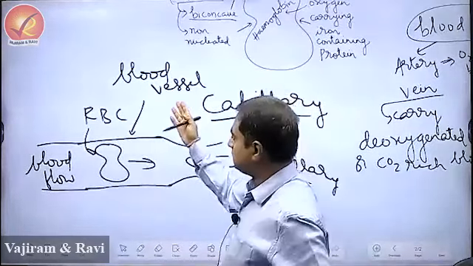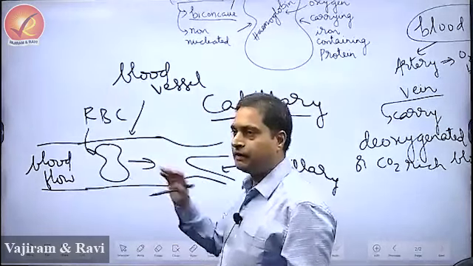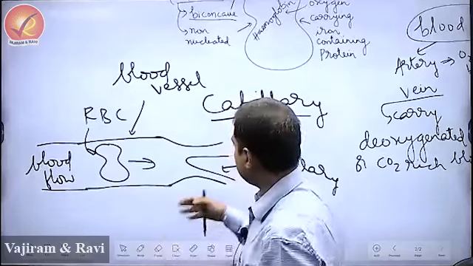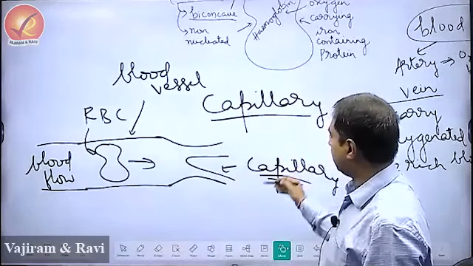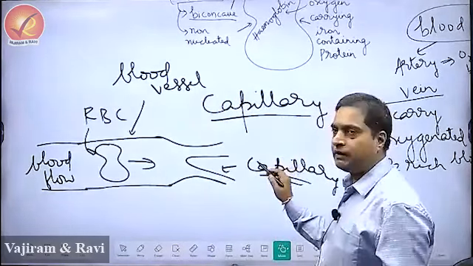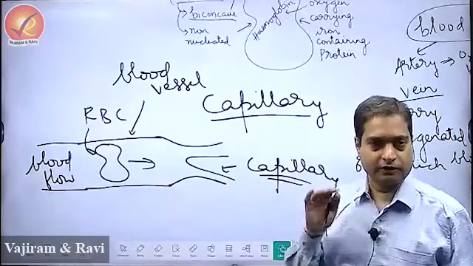Here we are showing that this blood vessel diameter is larger than the RBC, so RBC is able to make its way forward. This is the blood flow, and blood flow involves RBC also flowing along with the blood. But as it rebranches into tiny capillaries, the capillary diameter will be narrower than the diameter of RBC.